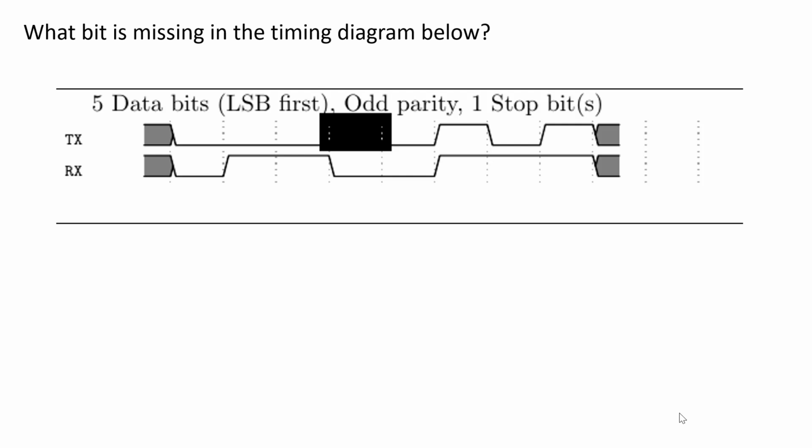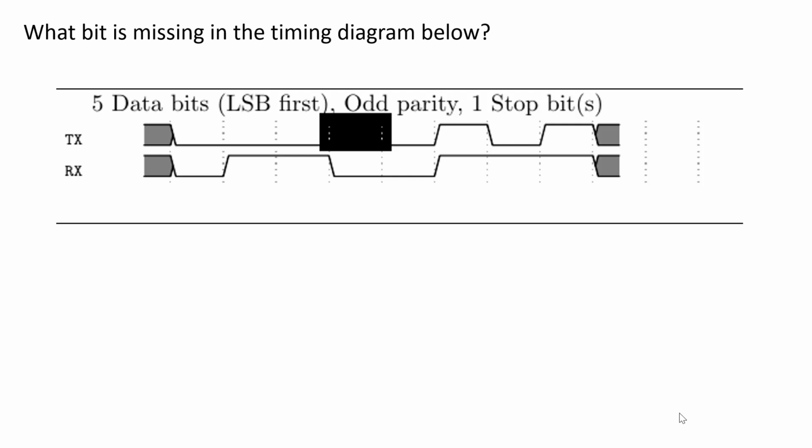And then what bit is missing in the timing diagram below? This is a UART. So this is 5 data bits, which is kind of a strange way to do it, but it's 5 data bits, odd parity, 1 stop bit. So the first bit is the start bit. Remember that in UART, the default channel state is logic 1. So the first time you see the signal pull down, that's the start bit.